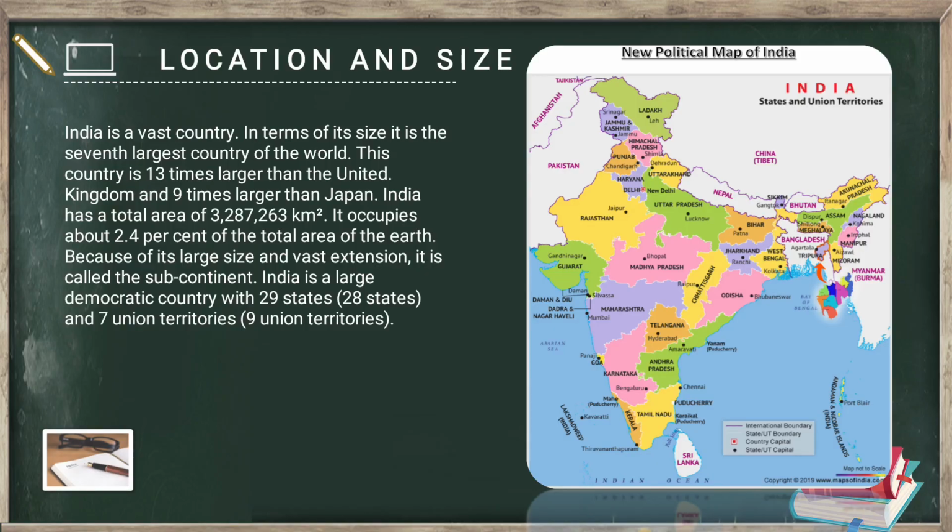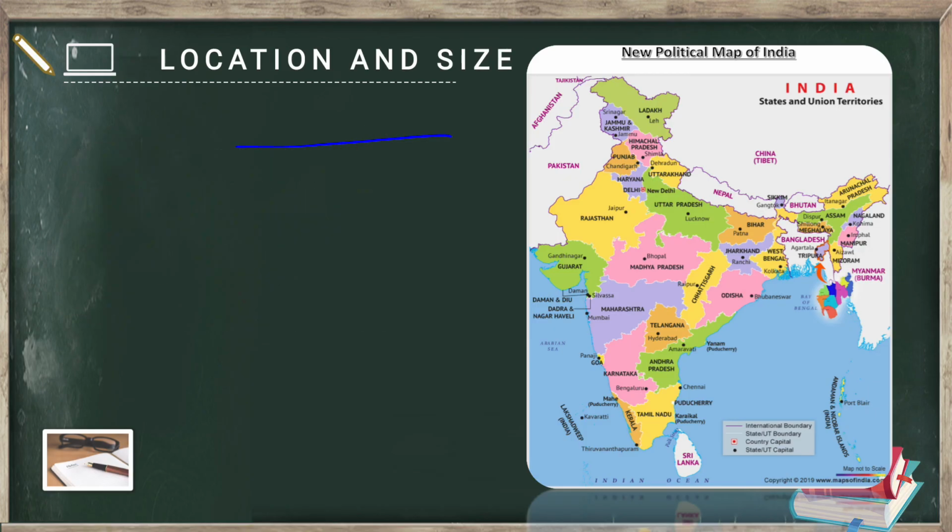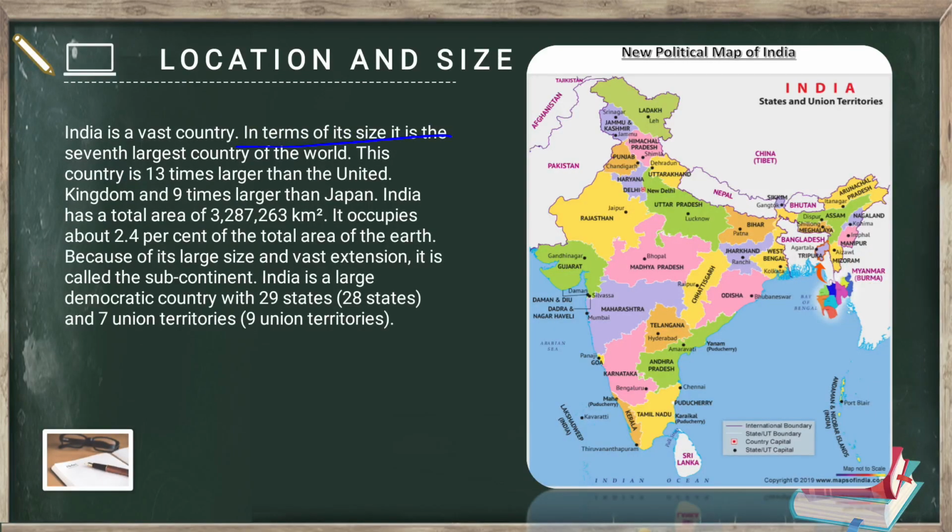That is why India is regarded as a subcontinent, a small continent within a continent. In terms of size, it is the 7th largest country.